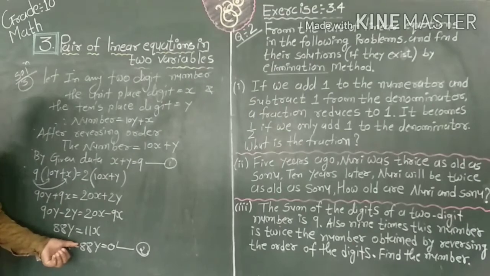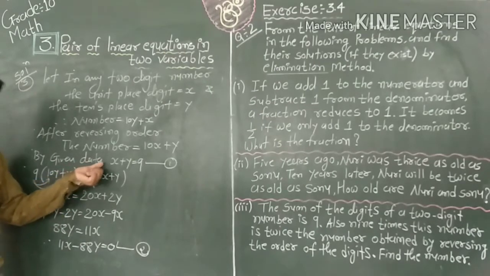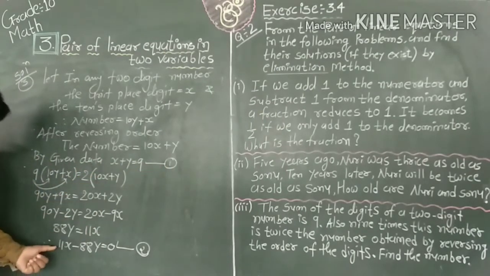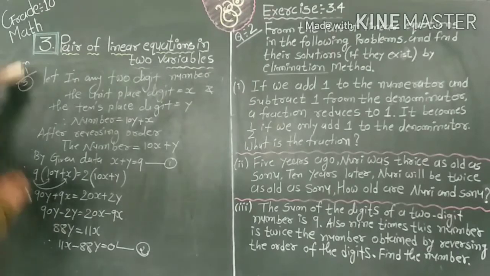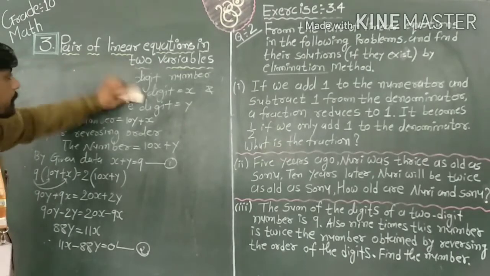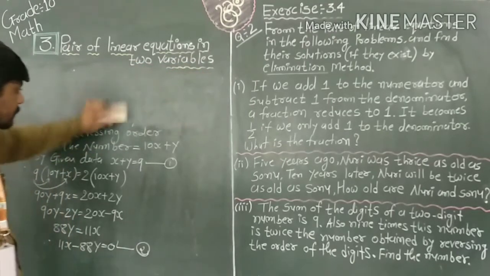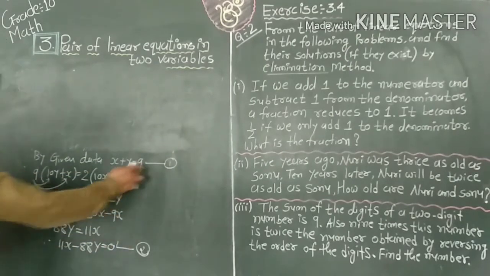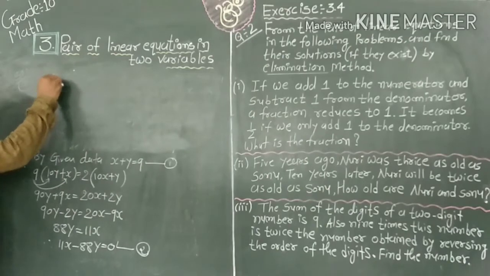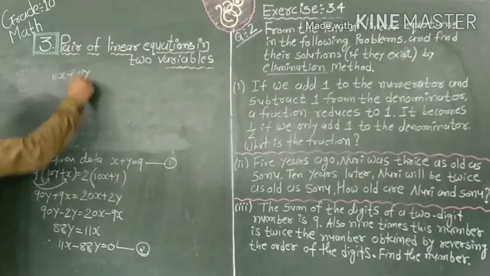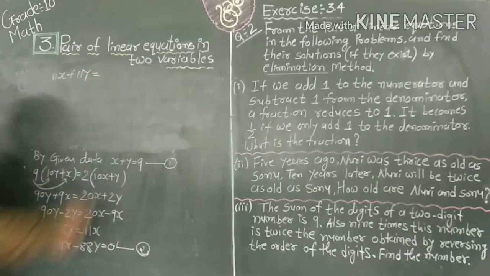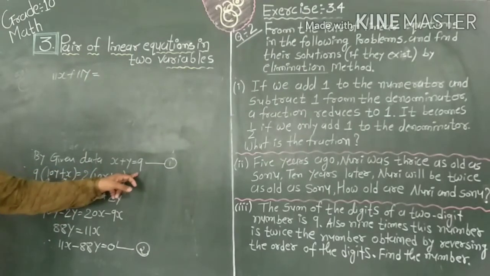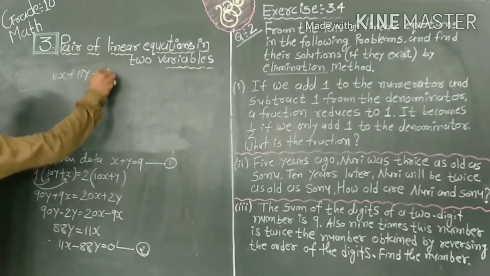Okay. Now we solve these two equations by the elimination method. That means we have to multiply the first equation by 11. Okay, what happened? Look here. If we multiply this equation by 11, we have 11x plus 11y is equal to 11 into 9, that means 99.